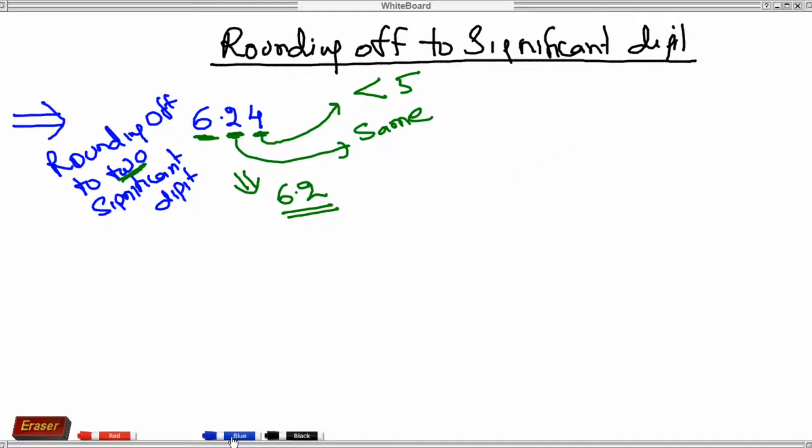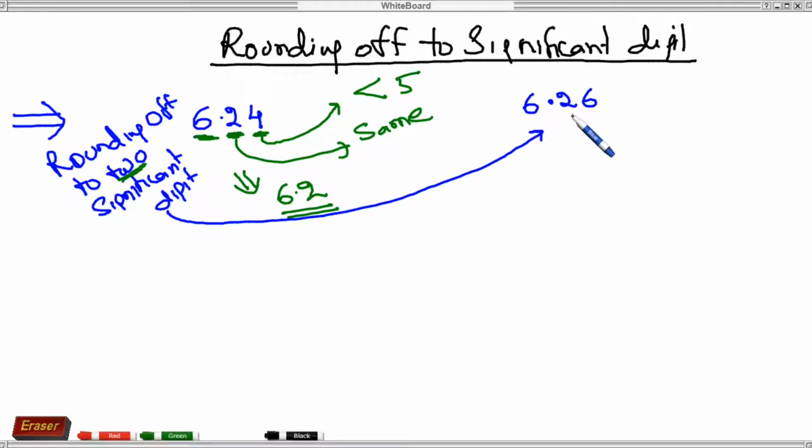Now suppose it's 6.26, and here also we want to round off to two significant digit. So here also we will see this third digit, and here it is greater than 5.